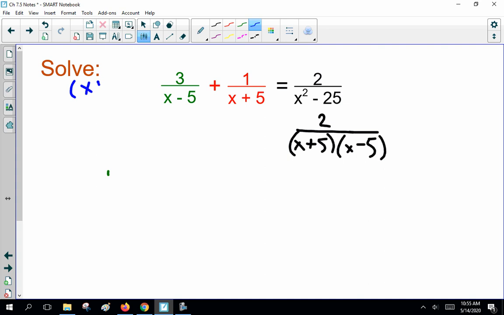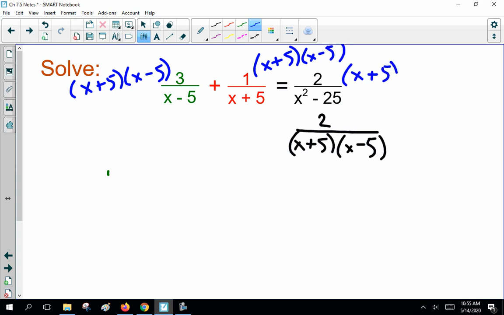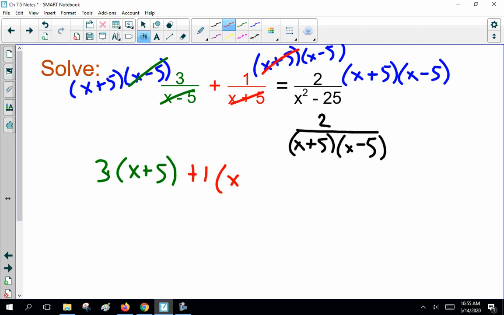So you multiply this by x plus 5 times x minus 5. This times x plus 5 times x minus 5. And this by x plus 5 times x minus 5. When you do that, stuff starts canceling out. So this is 3 times x plus 5, plus 1 times x minus 5 equals, go here, 2.